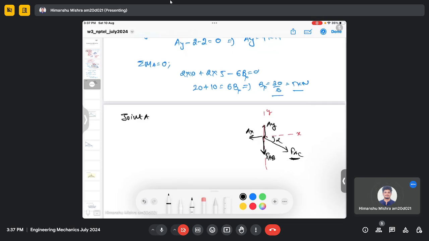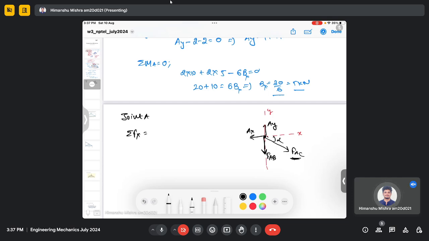As I said, at each joint you need to do the force balance analysis, because these forces are concurrent in nature, and therefore by using the force balance analysis you should get the unknown forces, assuming that the unknown forces are not more than 2, because otherwise you will also need the moment equation.